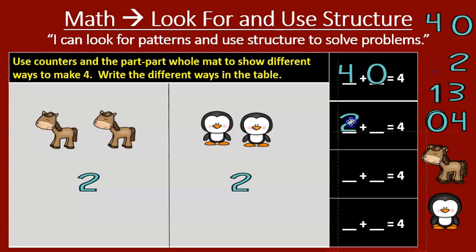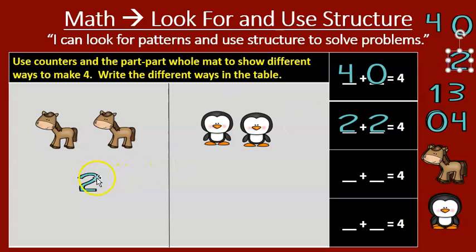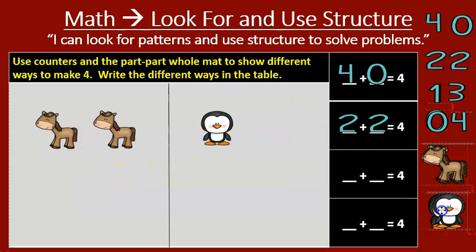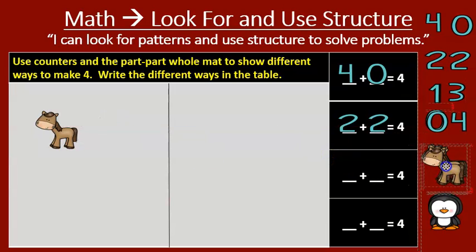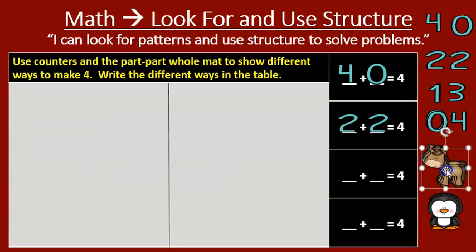So all you're going to do is put 2 here. 2 is here. We're going to put 2 in here now. And there we go. We're done now with our second addition equation, okay? 2 plus 2 does equal 4. So let's put these back and let's move on to the third row, okay? Same thing. What number do we have to equal these horses and penguins to?